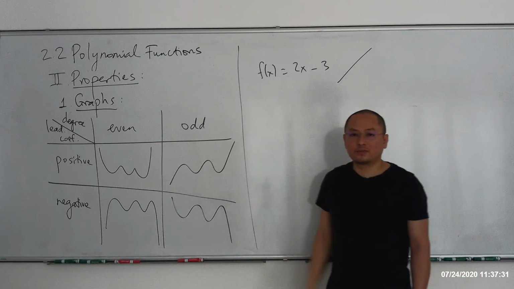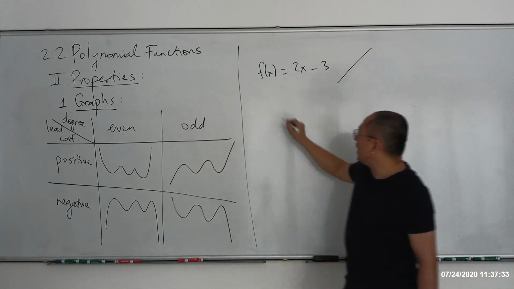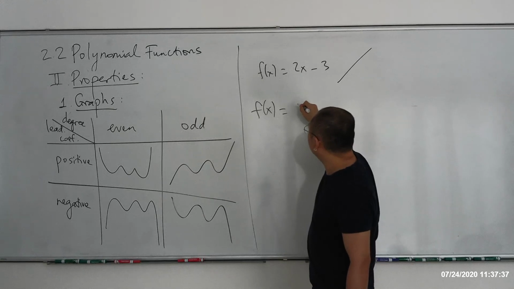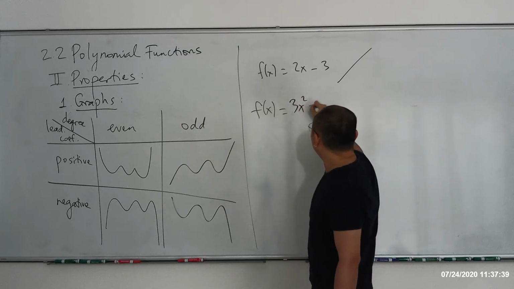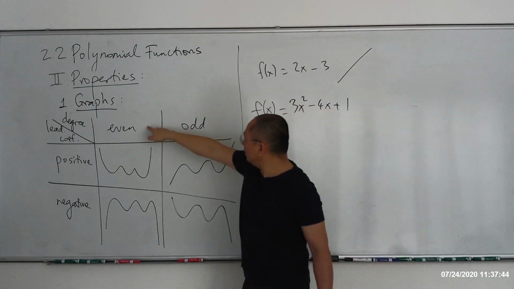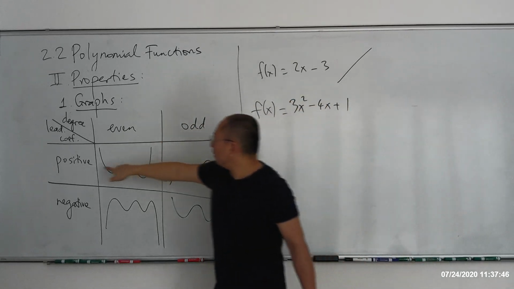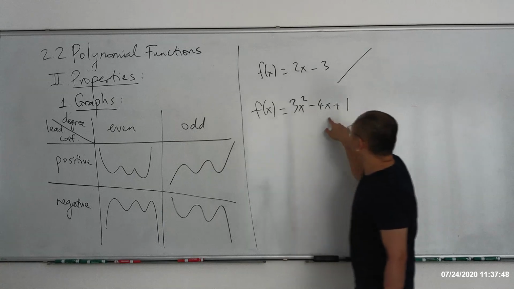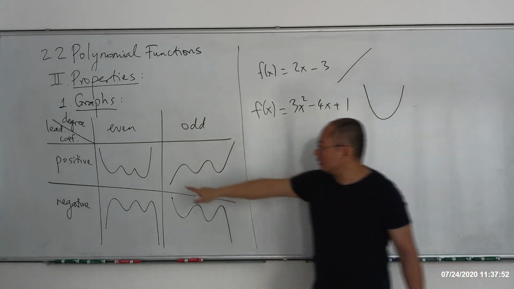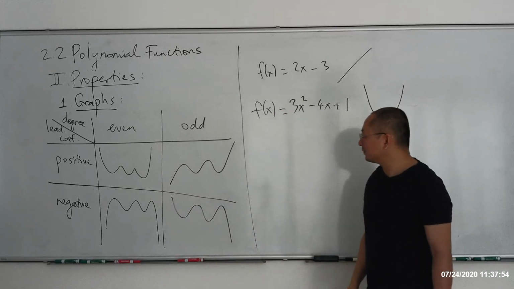That's the case right here. How about a quadratic function? f of x equal to 3x squared minus 4x plus 1. Degree 2, even. Leading coefficient 3, positive. And everyone knows this is a parabola opening upward.